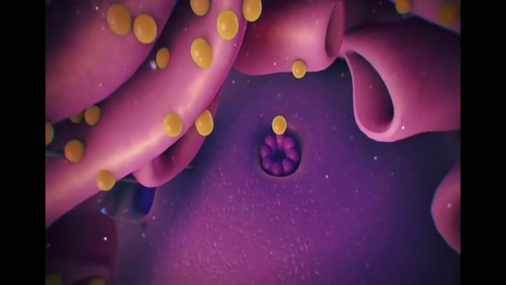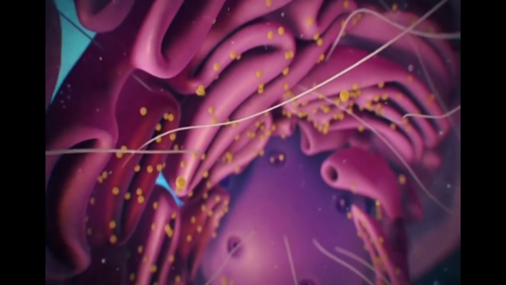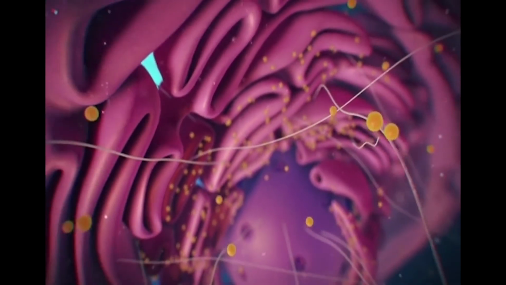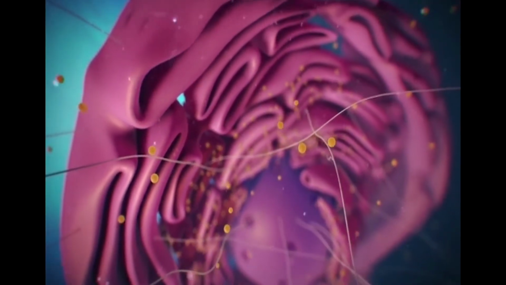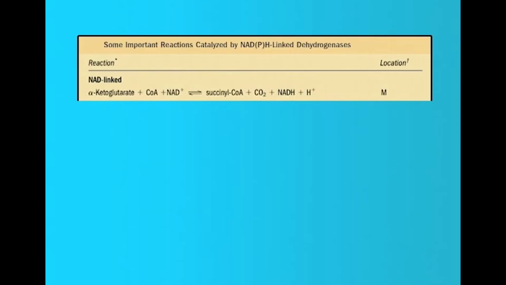So, this is the role of the mitochondrion in metabolism because of the different compartments and the different complexes and enzymes that are located in different regions.